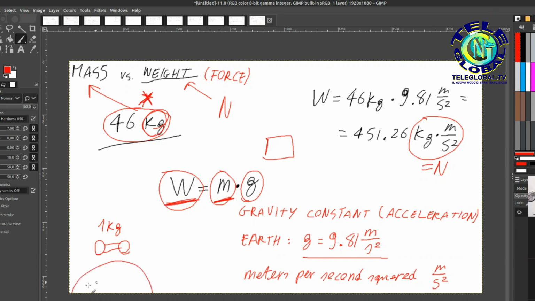But on Earth, its weight will be 9.81 Newton. And I have no more space, but if you take it on the moon, for example, it will always be 1 kilogram, but its weight will be different. It will be less.